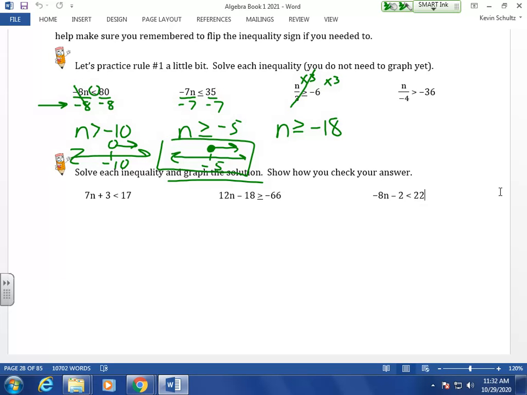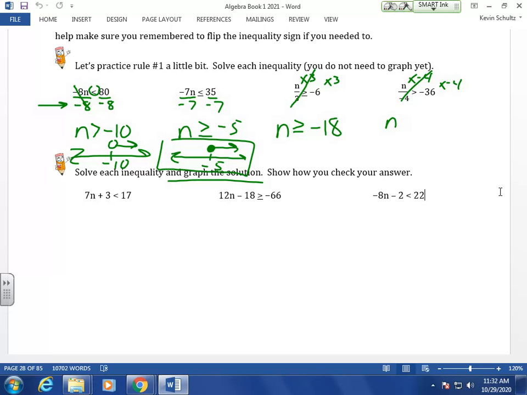Good. The last one, n divided by negative 4 is greater than negative 36. We're dividing n by negative 4. So to undo that, we're going to be multiplying by negative 4. On the left side, everything cancels out. N is by itself. On the right side, should I have switched that?